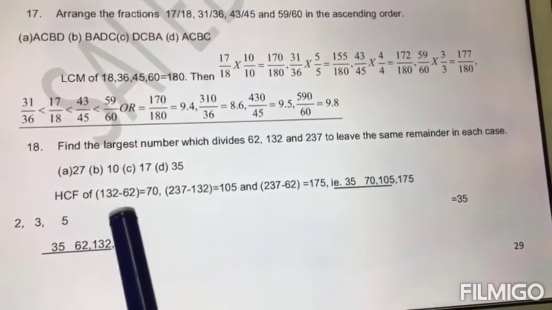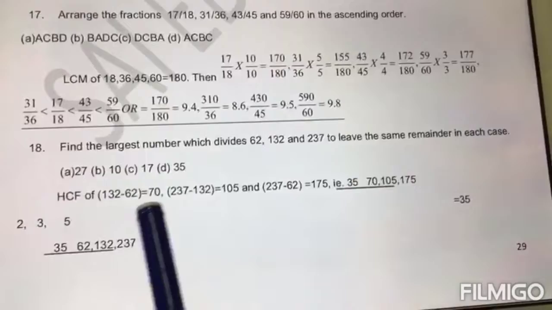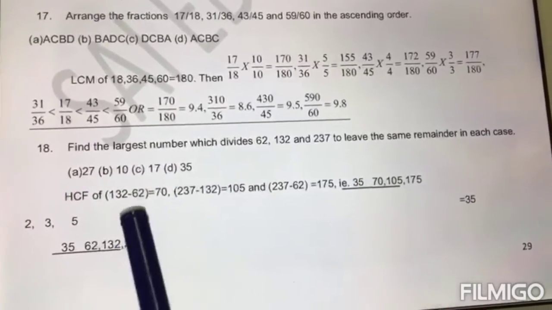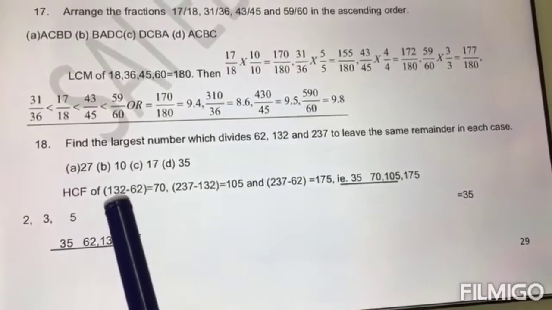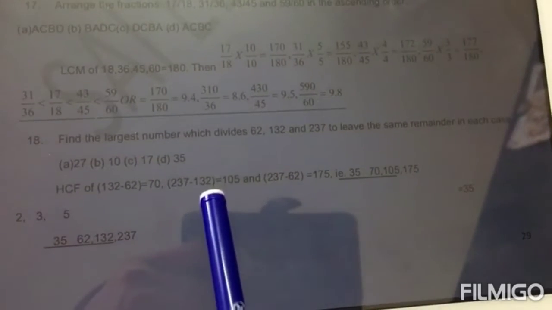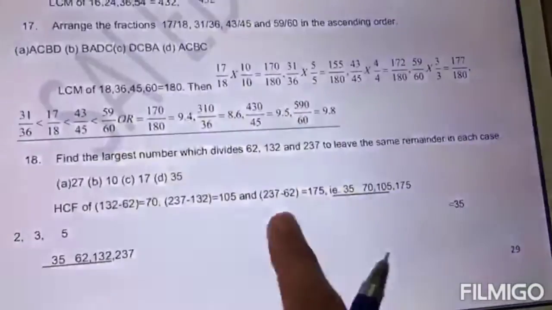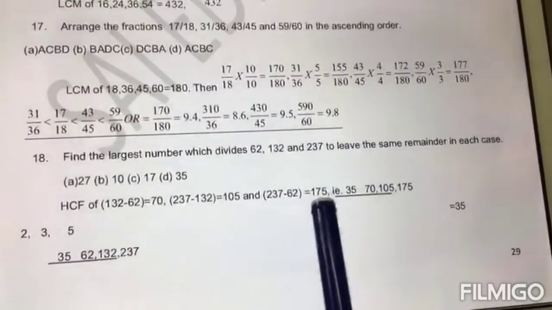What is the procedure? It's a bit different, but this is what we have to do. 132 minus 62, that is 70. Then 237 minus 132, which is 105. And finally, 237 minus 62, which is 175.